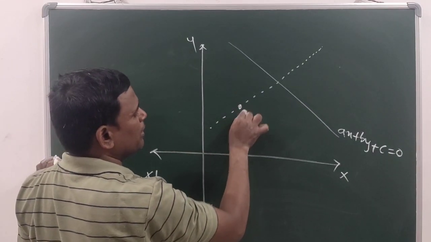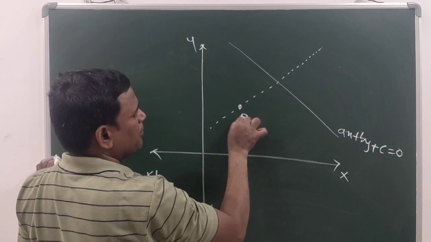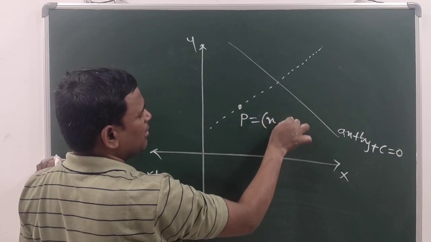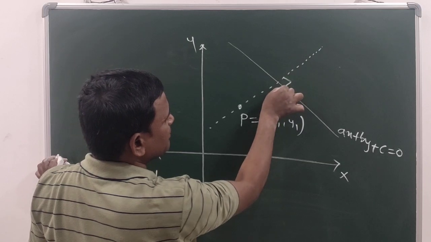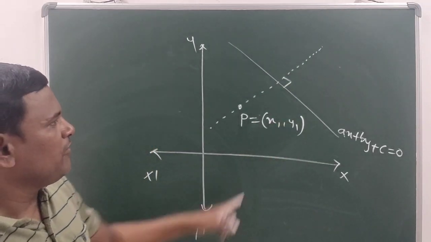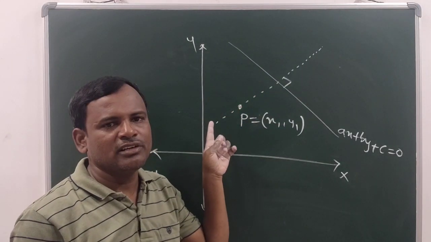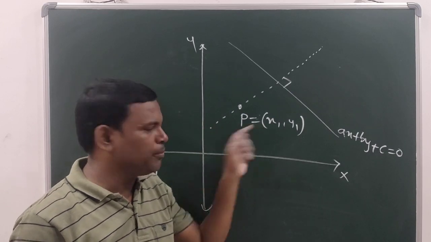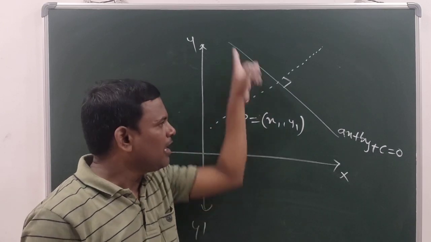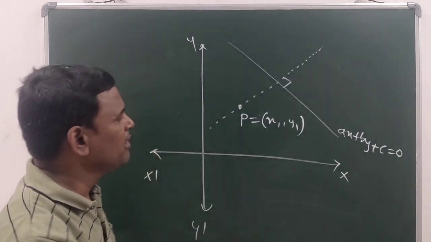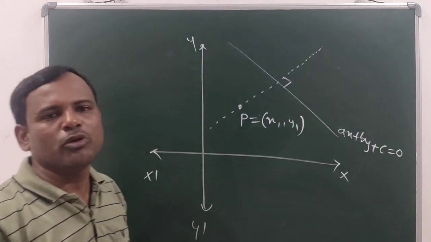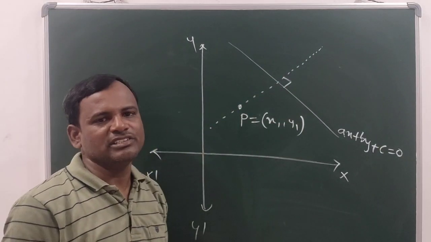It is passing through the point P(x1, y1) and perpendicular to this given line. Okay, find this dotted line's equation. So observe how I am going to evaluate this line's equation.